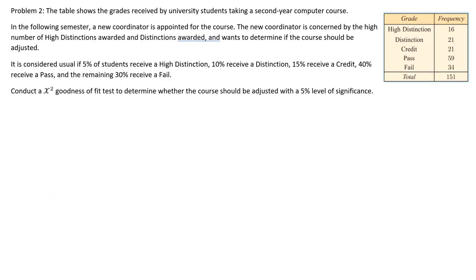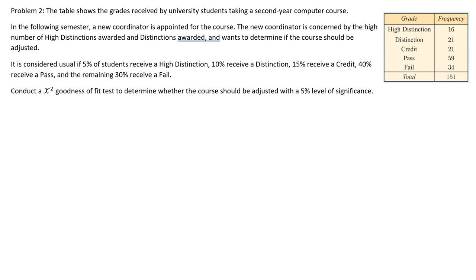All right, let's take a look at problem 2. The table shows the grades received by university students taking a second-year computer course. In the following semester, a new coordinator is appointed for the course. The new coordinator is concerned by the high number of high distinction awards, and wants to determine if the course should be adjusted.